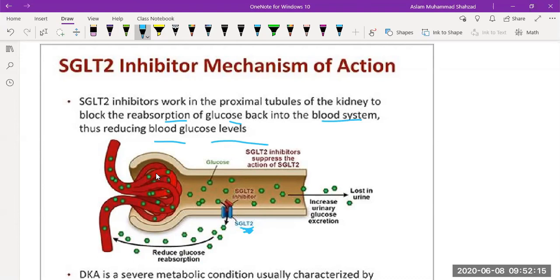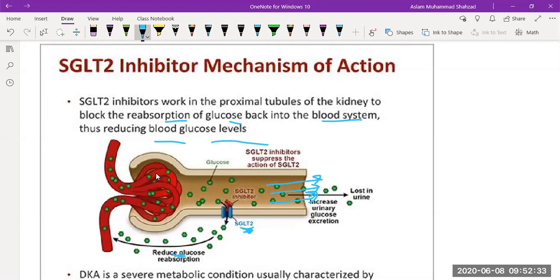So what will happen is that more and more glucose will be excreted through urine, and then there will be less absorption back into the bloodstream.